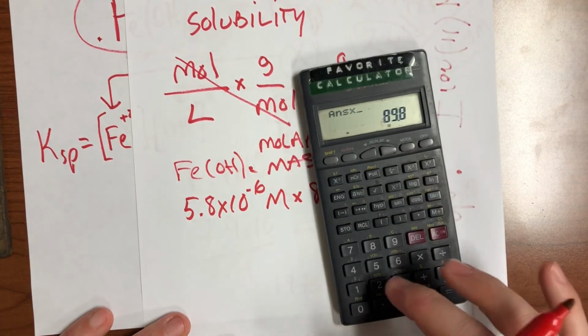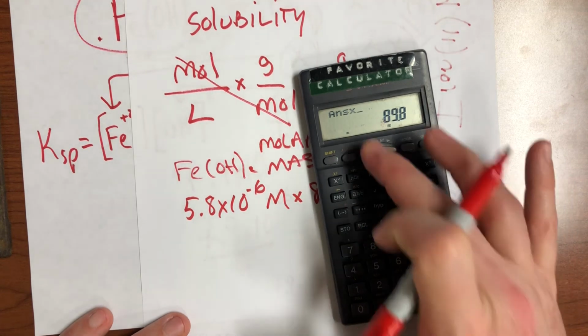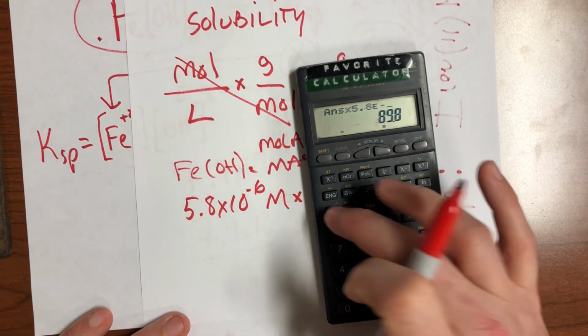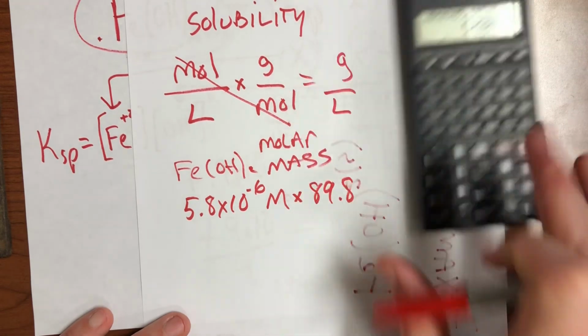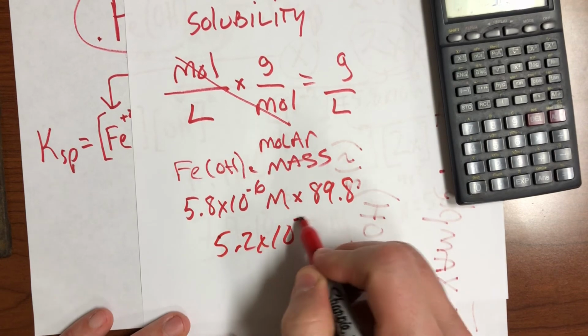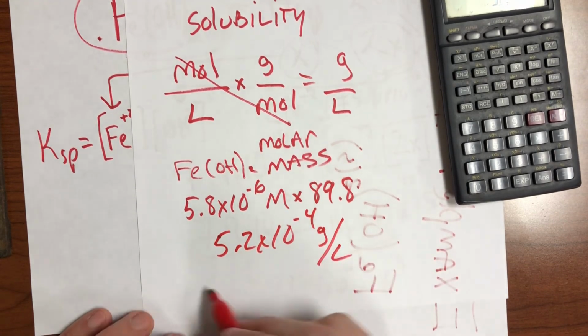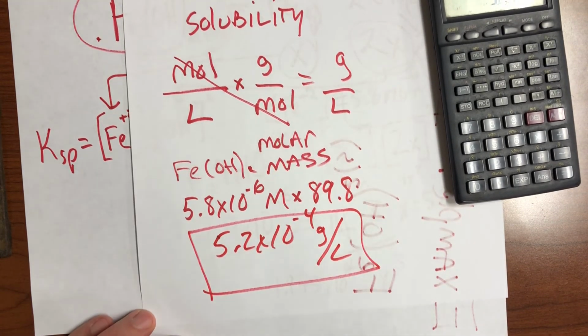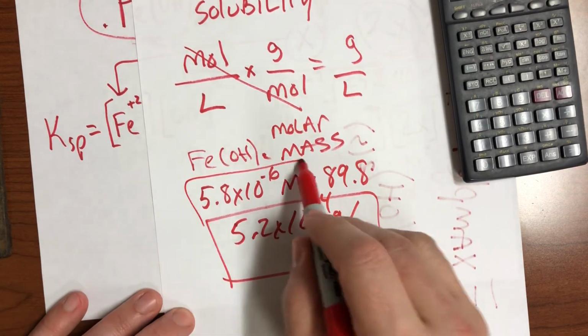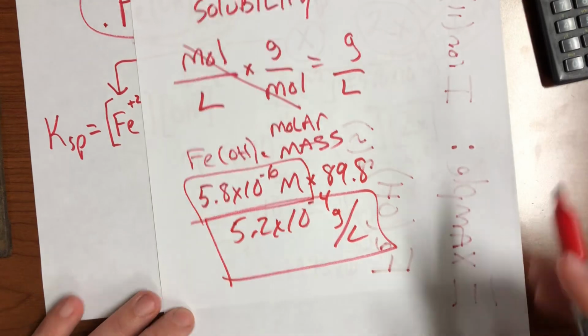So we're going to take that times 5.8 times 10 to the negative 6 to get 5.2 times 10 to the negative 4 grams per liter. So this is the mass solubility of iron 2 hydroxide, and this is the molar solubility.